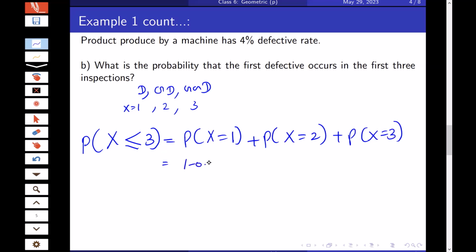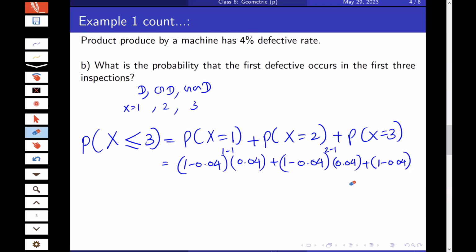So here (1 minus 0.04) to the power 1 minus 1, times 0.04, plus (1 minus 0.04) to the power 2 minus 1, times 0.04, plus (1 minus 0.04) to the power 3 minus 1, times 0.04.